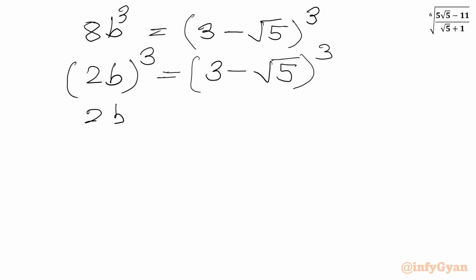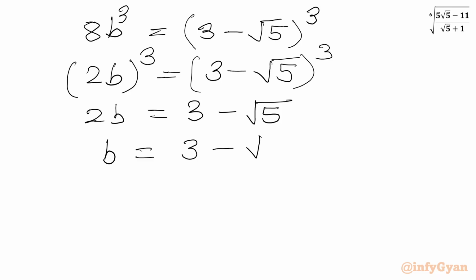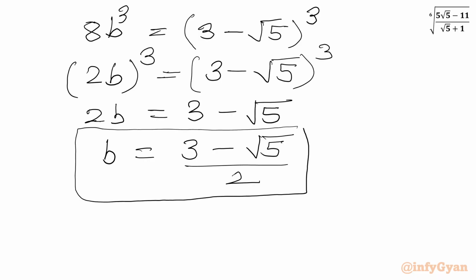We will get 2b equal to 3 minus square root 5, or I can get b equal to 3 minus square root 5 over 2. So we have b as 3 minus root 5 over 2 and a was root 5 minus 2.